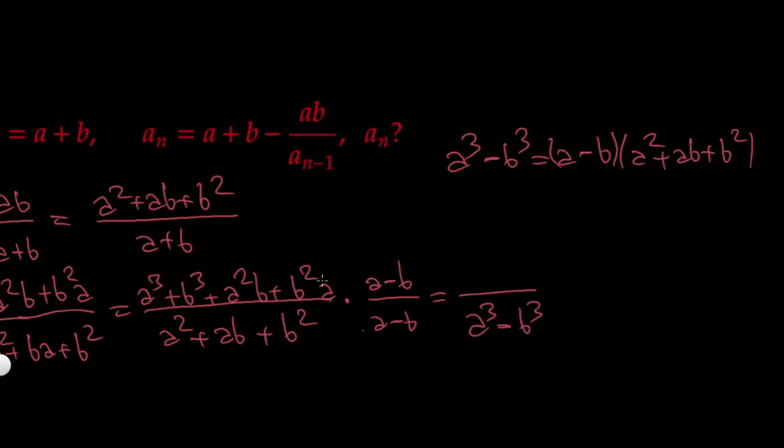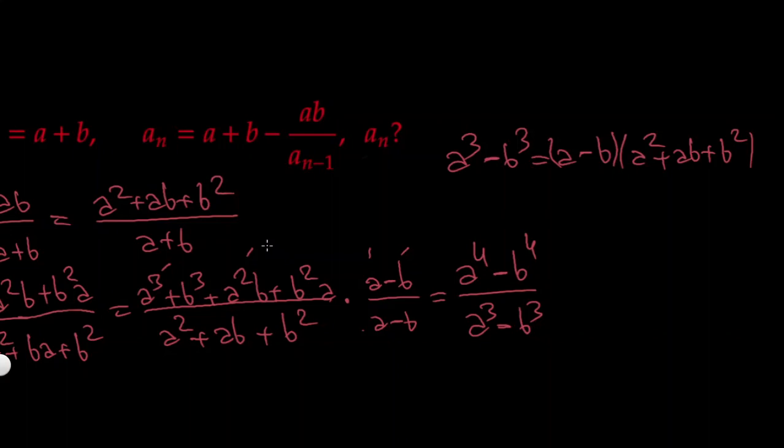For the top part, it's not so obvious. It's a to the 4, and I will have minus b to the 4. Let's write these two first. Then I have minus a cube b from these two, and from this one I will have plus a cube b.